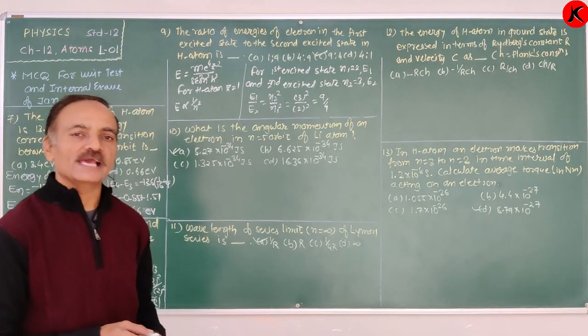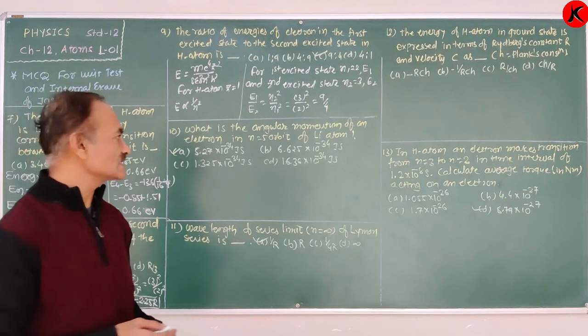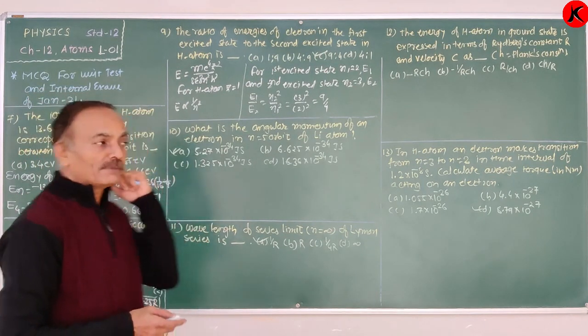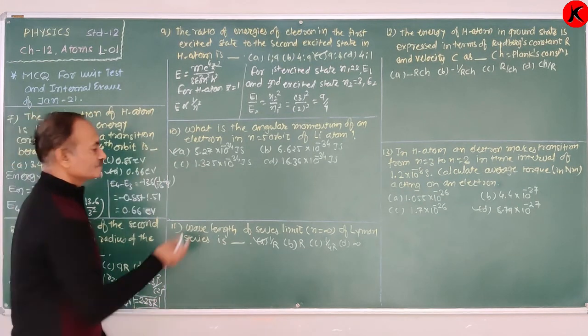Angular momentum small l is equal to mvr is equal to nh upon 2 pi. Here the number of orbit n is equal to 5, given.